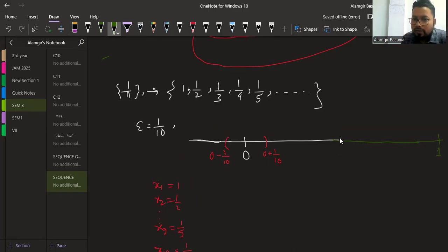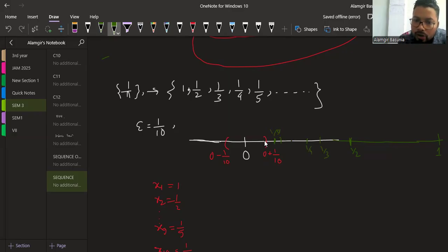Now x2, half, is also outside. Then 1 by 3 is also outside, 1 by 4 is also outside. Up to 1 by 9, we can conclude that it belongs outside of the interval 0 minus epsilon, 0 plus epsilon.